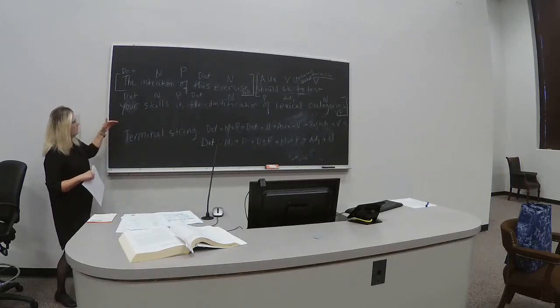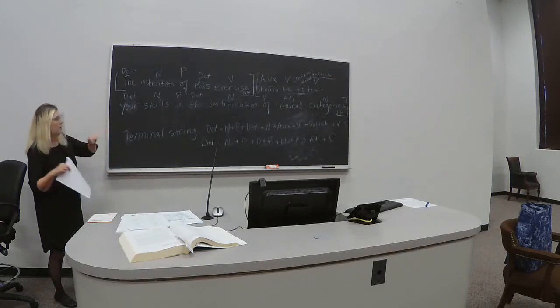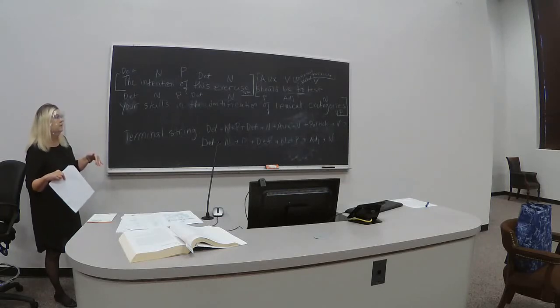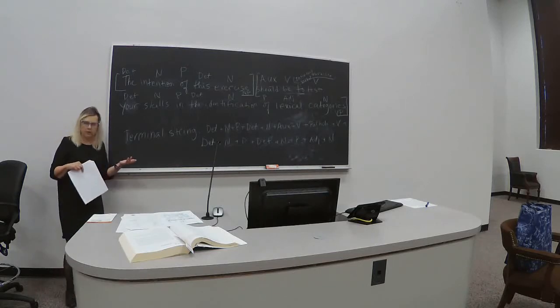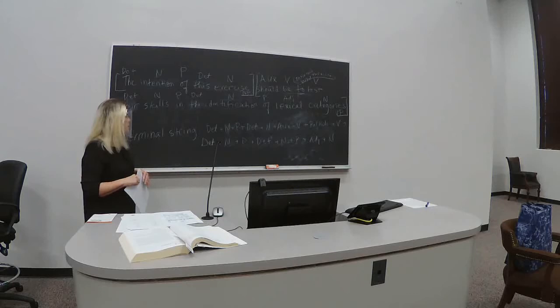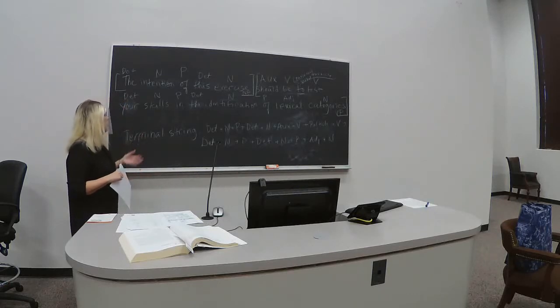To be, should be, and then should be what, to test the skills in your skills in the identification of lexical categories. So that would be what is traditionally called the subject complement, and it's a little bit complicated here.